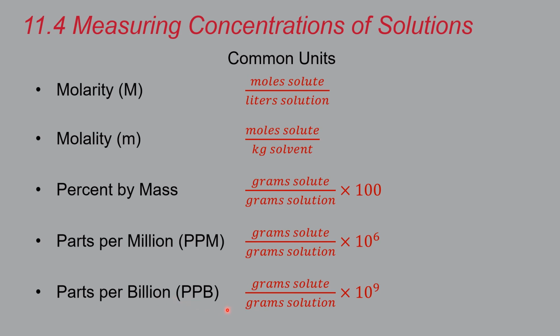Things like the allowable concentration of lead in drinking water is expressed in parts per billion. And the other thing to note for all three of these, they're technically unitless because the mass unit in the numerator and the denominator cancel out. So their units are just percent or ppm or ppb.